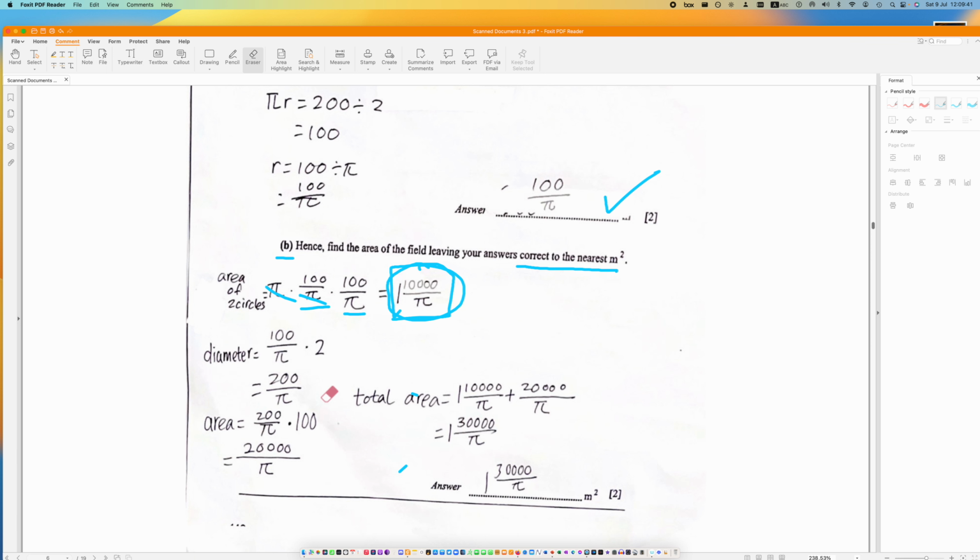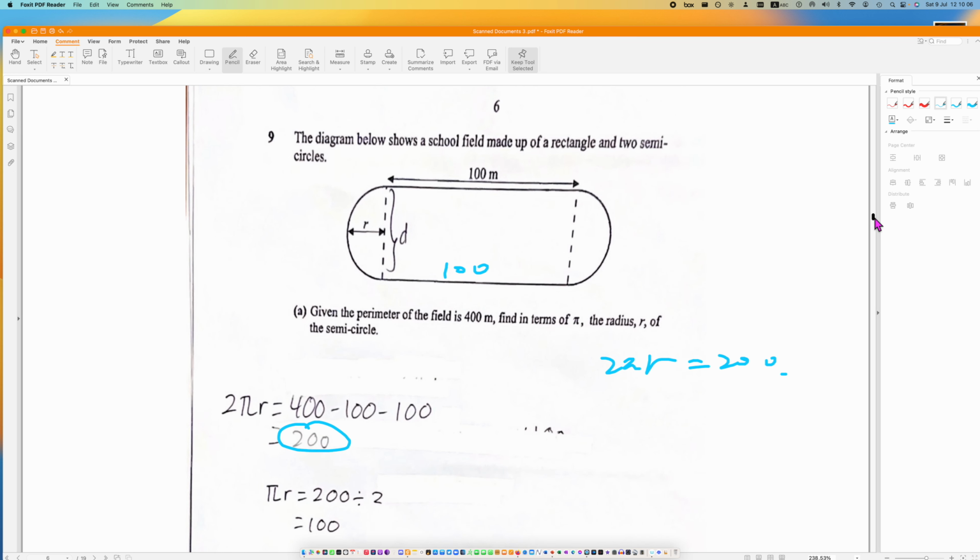So the field is given by one circle, not two circles. Why do you need to find two circles? Do you have two circles on the field? No, one circle. Then where do you get the two circles from?